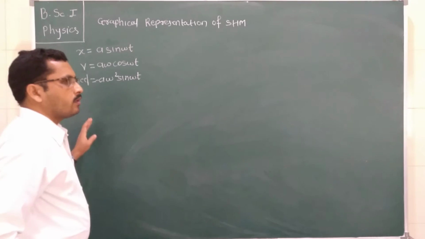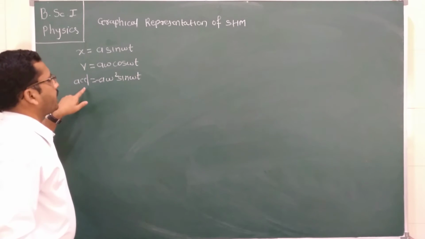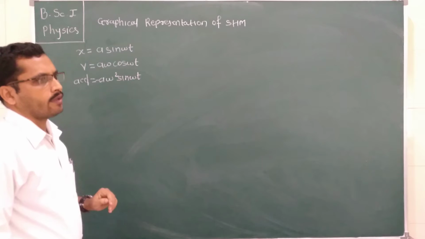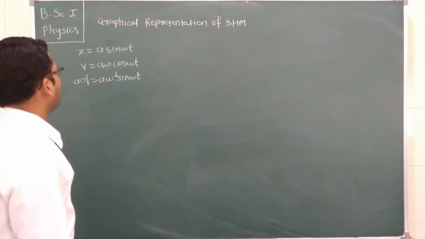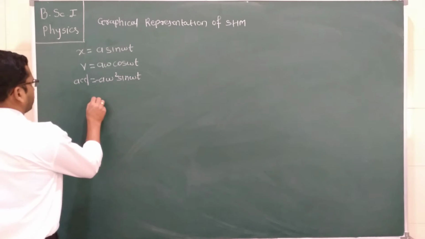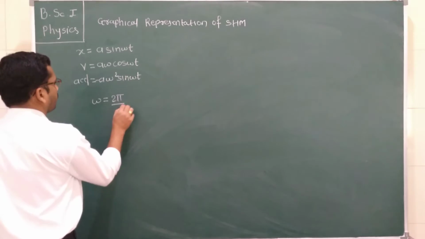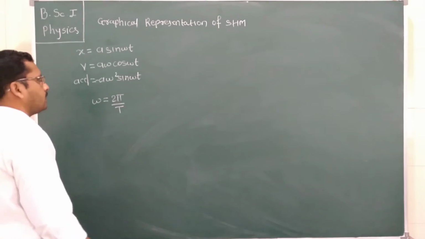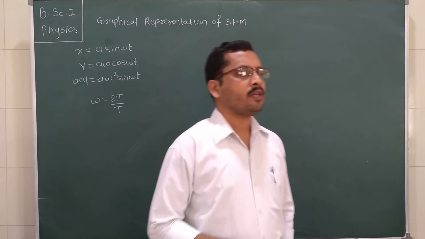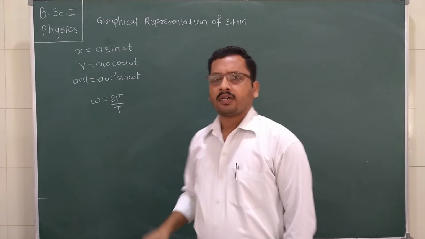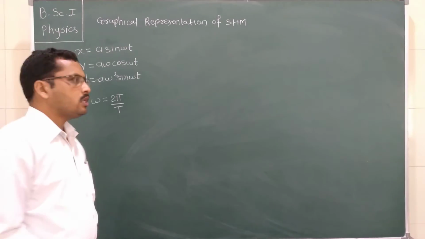Now we can find the values of displacement, velocity and acceleration at different times. How can we find them? We know omega is equal to 2 pi upon capital T. When the particle is starts from the mean position, at that time small t is equal to 0.